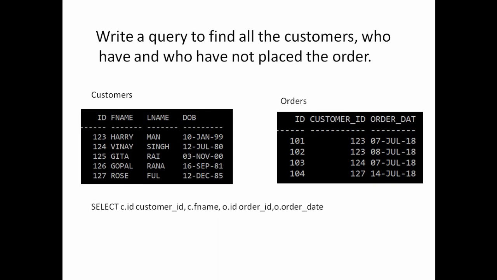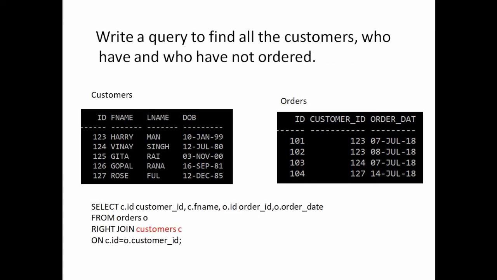So now let's see the syntax. Select all the columns that are required in the output from the required table, left join orders on the matching columns. Now if we are using left join, then the required table will appear on the left hand side of the left join, and if we are using right join, then the required table will appear on the right side of the right join.